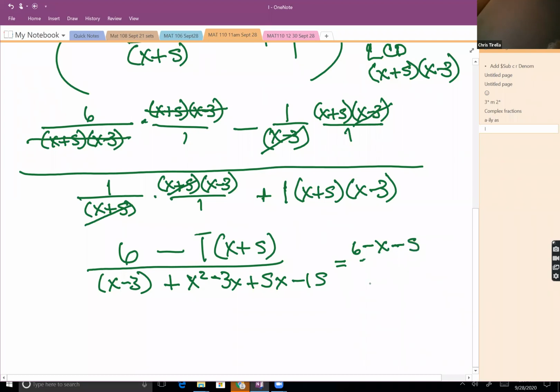Over the denominator, which would be x minus 3 plus x squared minus 3x plus 5x, would be x squared plus 3x minus 18. And so now I've got 1 minus x over x squared plus 3x minus 18.